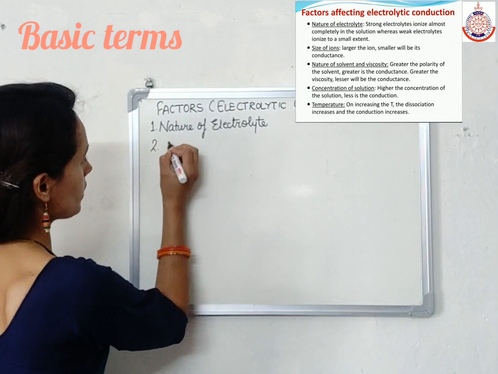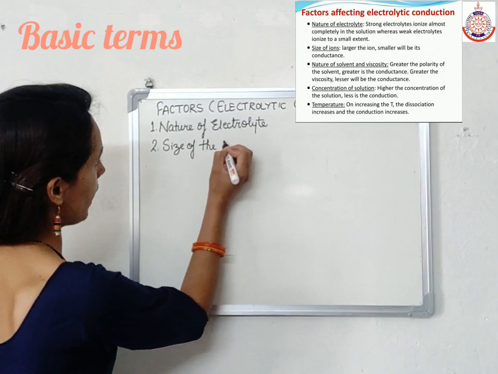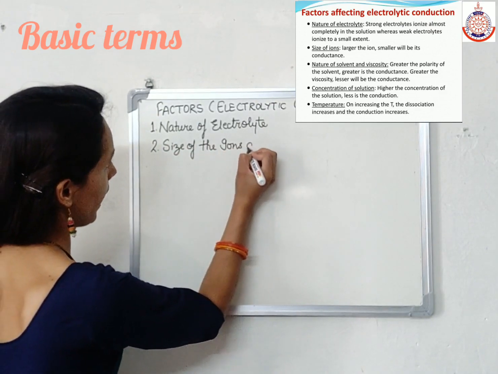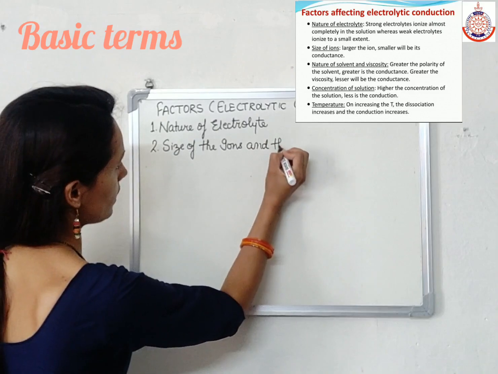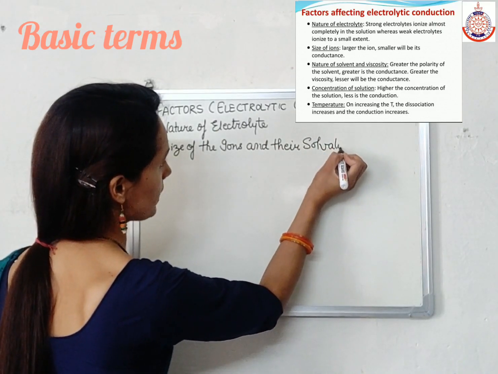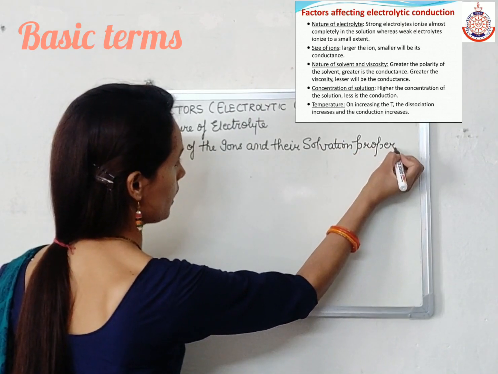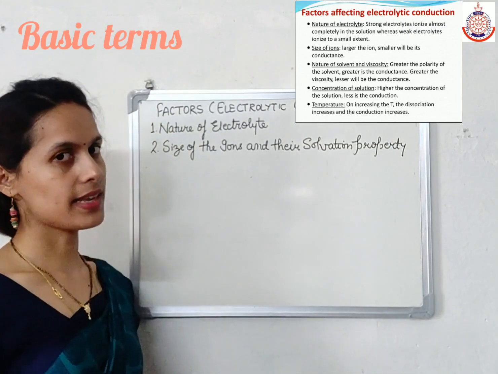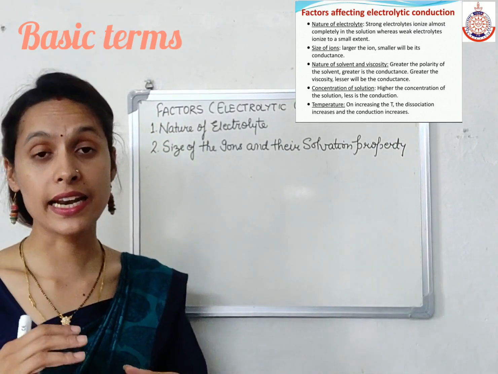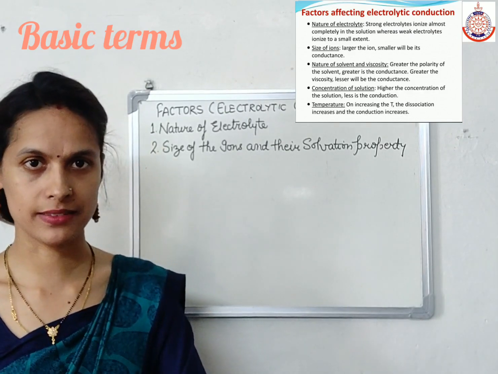Second, size of the ions and their solvation property. Now, greater the size of the ion, greater is the difficulty in moving from one place to another place.